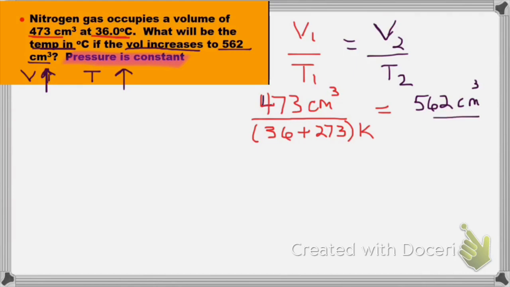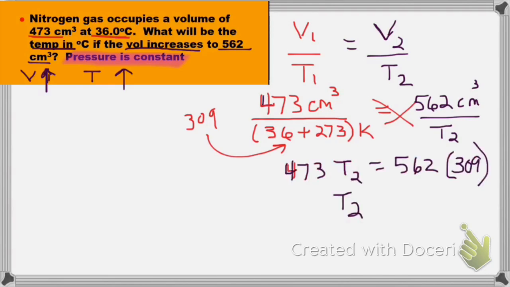And we are solving for T2. So this here, if we plug that in the calculator, we're going to get 309 Kelvin. So now we'll do our cross multiplication, and we solve and finally get that T2 would equal 367. Remember, that is Kelvin units.